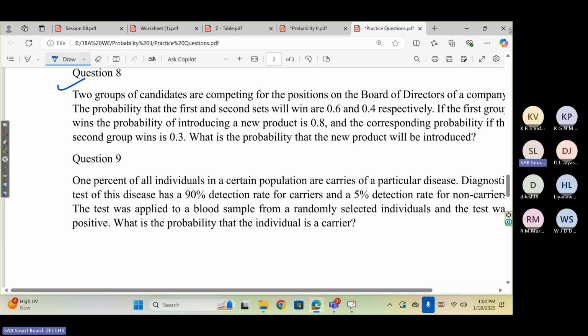This is not the decision tree; we use the tree diagram in the probability lesson. Don't draw the square and the circle, those things. Only branches are there.